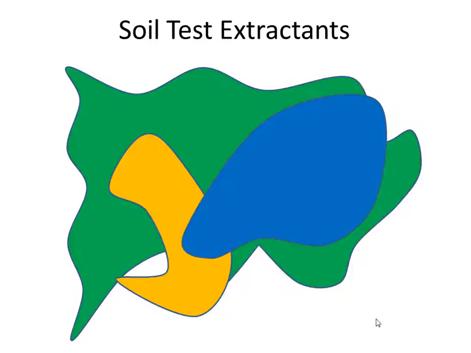We don't care that that extractant does not pull all of the plant available nutrient. We don't care that two of these extractants might overlap. We don't care that one of them is larger than the other one. All we care about is that whatever part does get extracted is in fact correlated with yield.